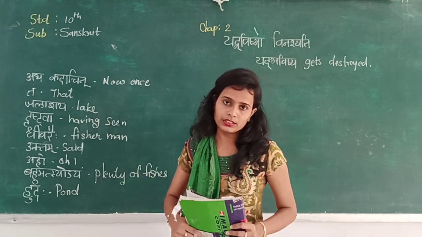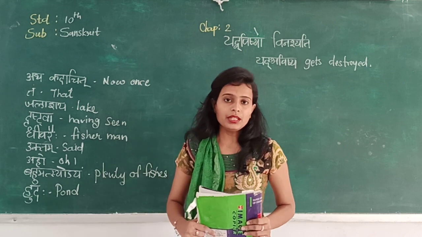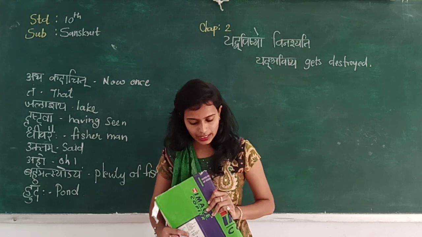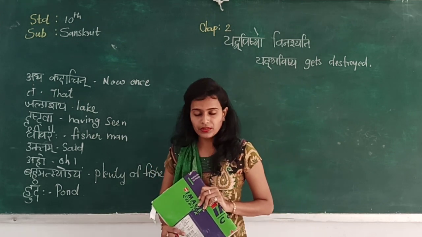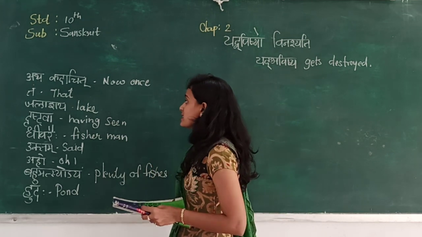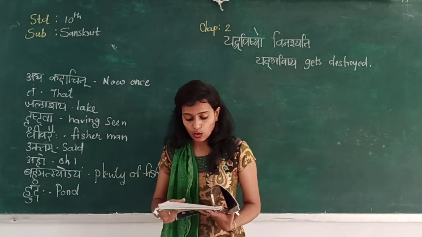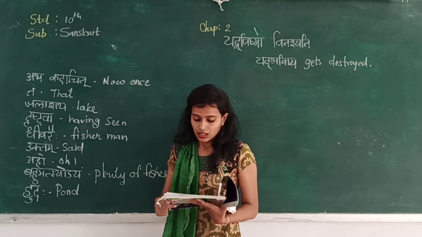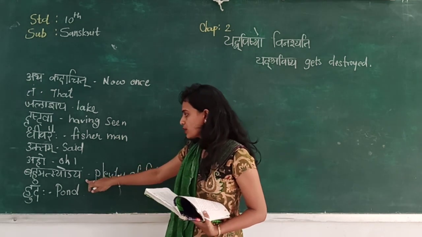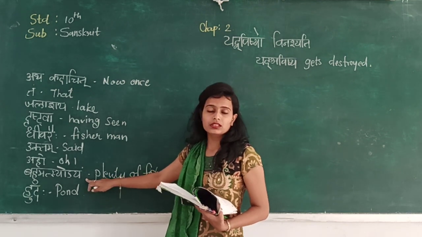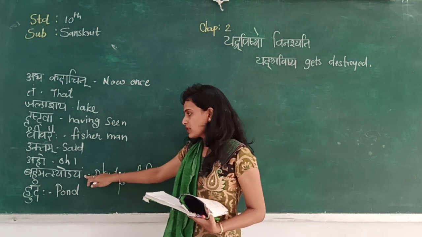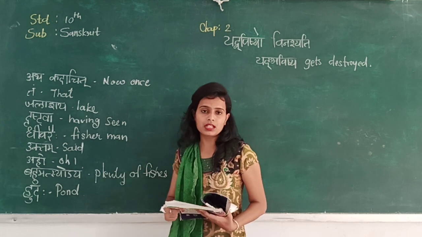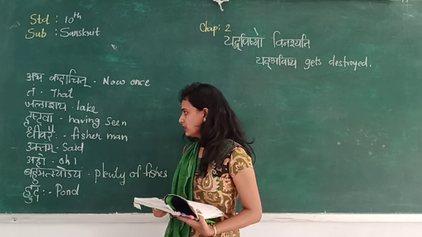Then, seeing that lake, they said, oh, plenty of fishes are there in this lake. In this word Bahu Matsyodayam there is a sandhi: Bahu Matsyaha plus Ayam. You can see sandhi here in this word.